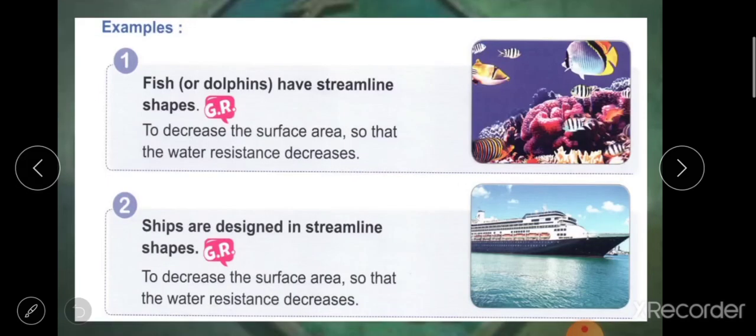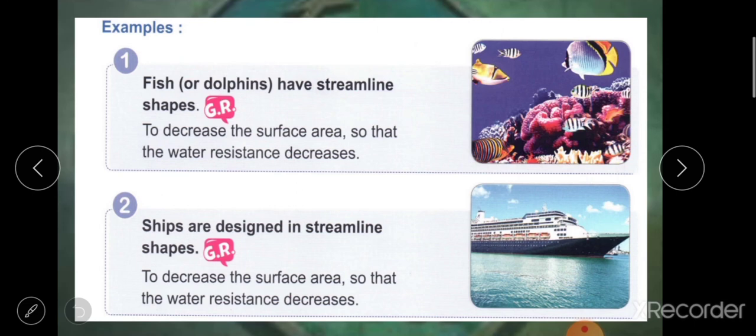Okay, so again, in this lesson we took the types of friction force, which are friction between two solids, friction between a solid and air, which we called air resistance, and friction between a solid object and water, which we called water resistance. Both the water resistance and the air resistance are affected by two factors, which are the speed and the surface area.